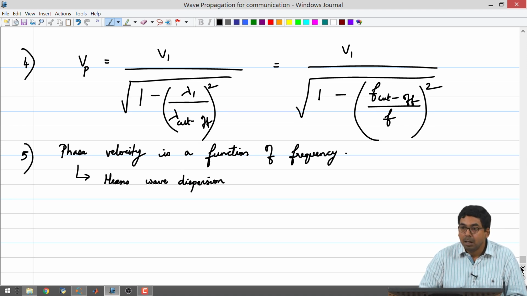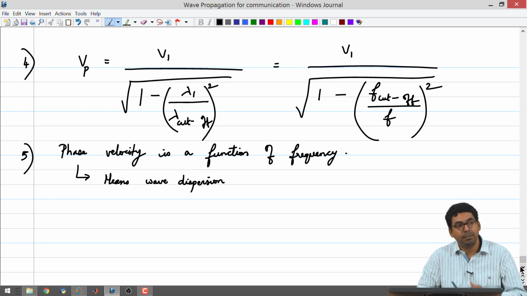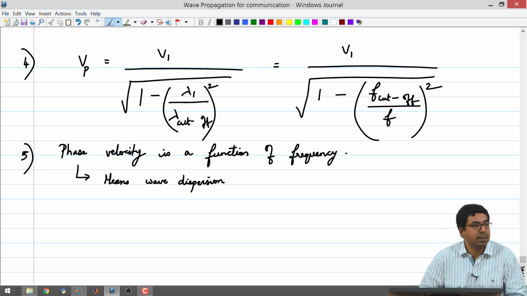Even if you did do that, what will end up happening is, if you choose a frequency where your construction of the parallel plate acts as a waveguide, that is, you are choosing a frequency above the cutoff, even though you have used a non-dispersive medium, you will end up having dispersion simply because of the waveguide construction itself. So, a homogeneous medium that is otherwise non-dispersive.